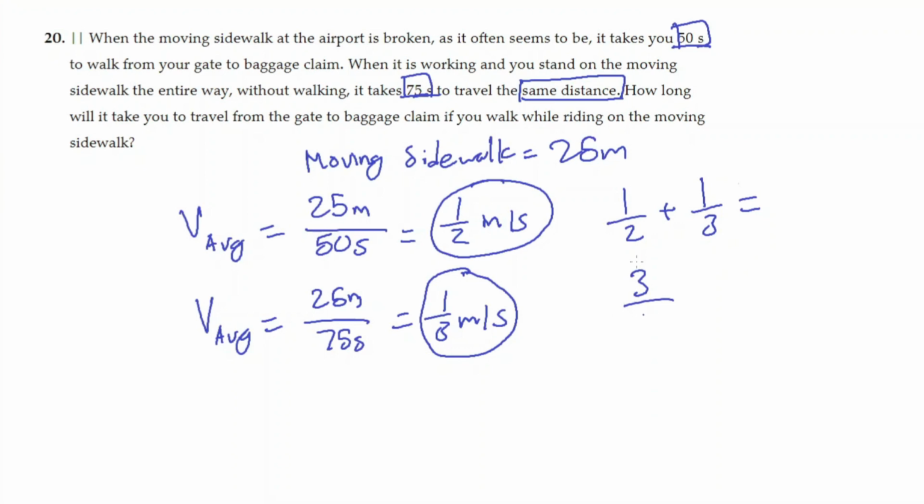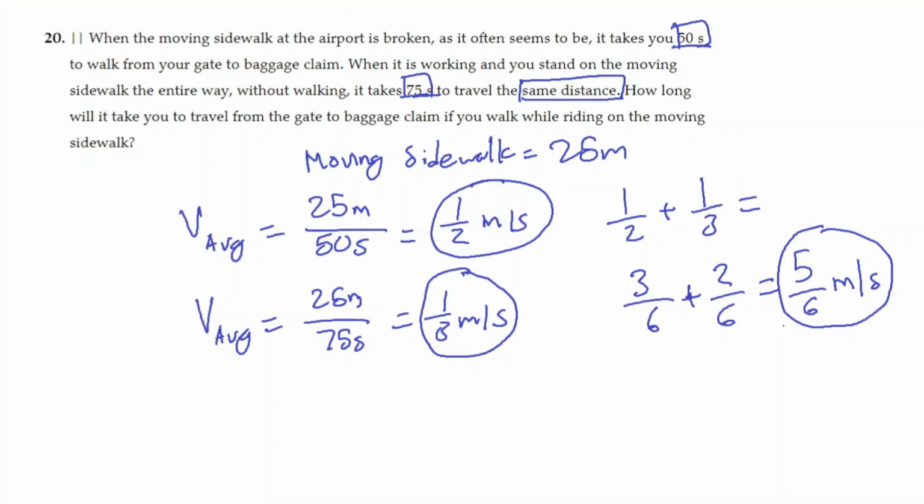So we can multiply 1/2 by 3, which is going to be 3 over 6, and multiply 1/3 by 2, which is going to be 2 over 6, in which we're going to have an answer of 5 over 6 meters per second. And that is going to be our velocity when we add together the walking speed and the speed that the moving sidewalk moves at.